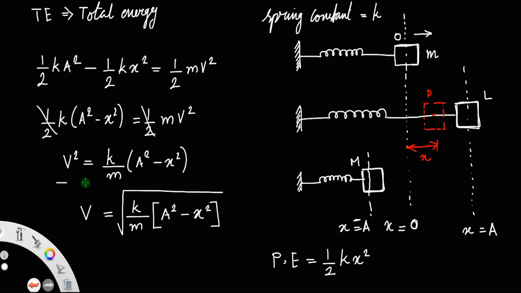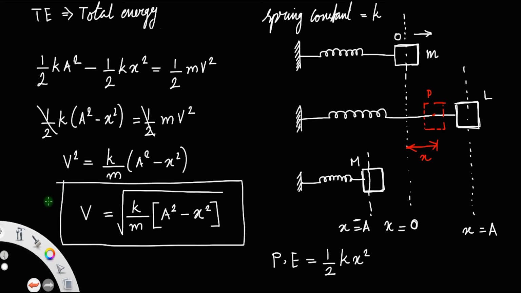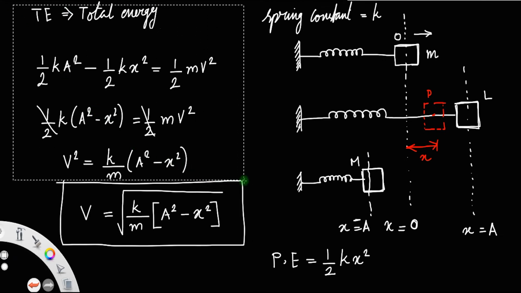So this is the expression for velocity at any point during the motion of the spring or during the oscillation of the spring. We will say that the spring is oscillating because it is oscillating about the mean position. It continuously changes its position horizontally. Clear? Now, let's look at the different cases of velocities at the different points.